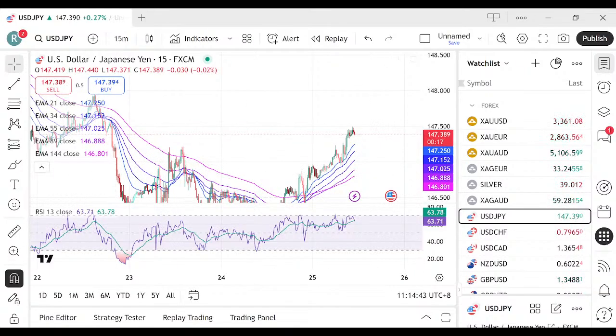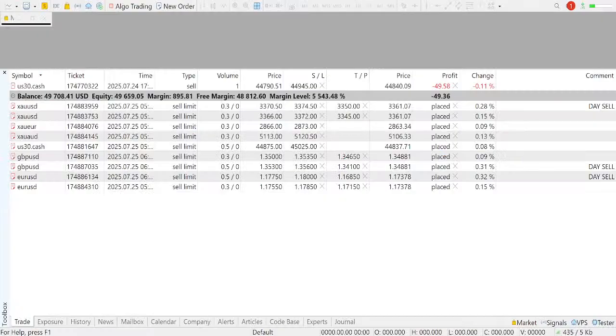Okay, so I think we have all the information needed for the trade. So we have two entries.